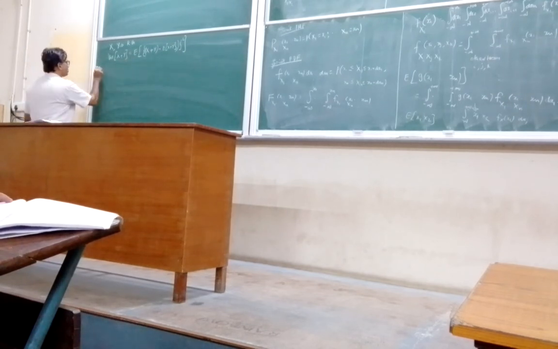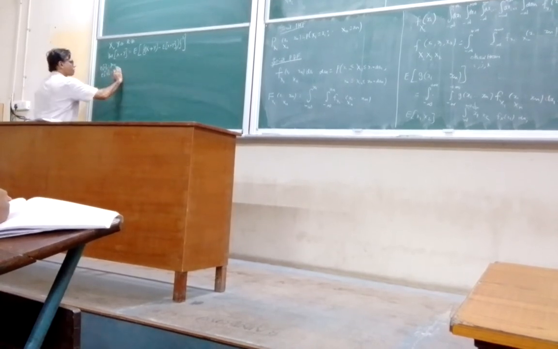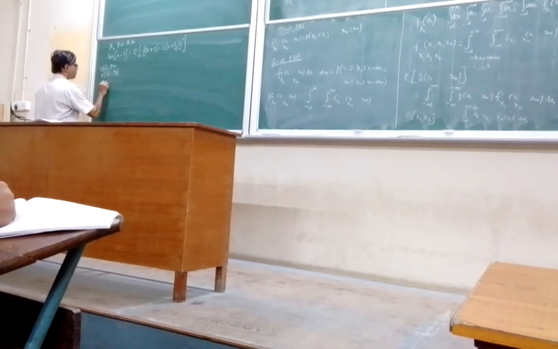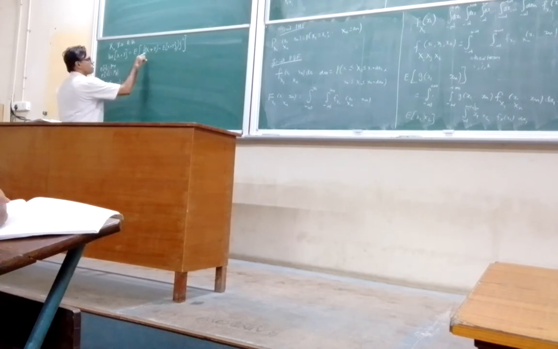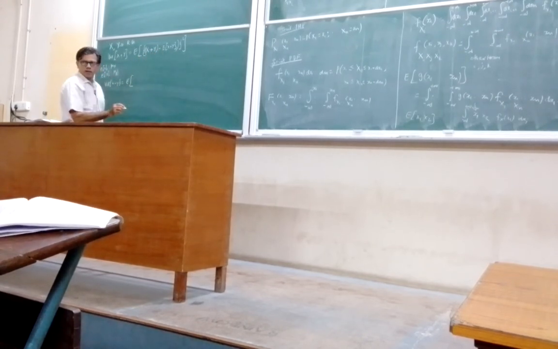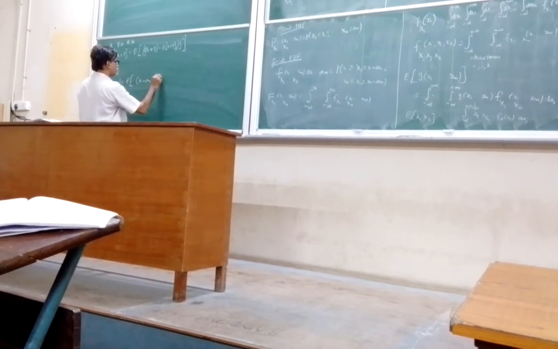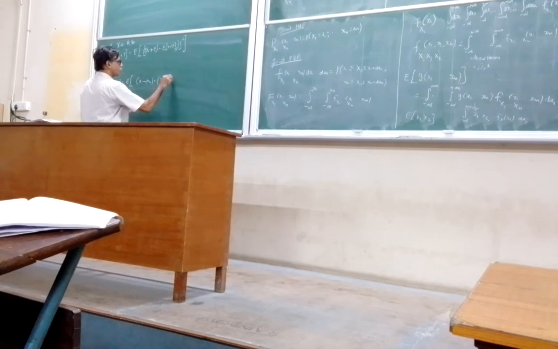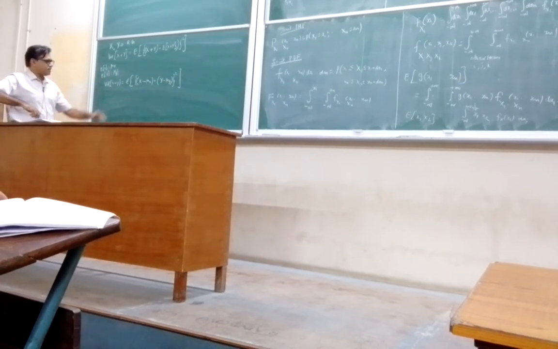If you use the notation E of x equal to mu x, E of y equal to mu y, then x plus y minus mu x minus mu y, you can write as x minus mu x plus y minus mu y, squared.